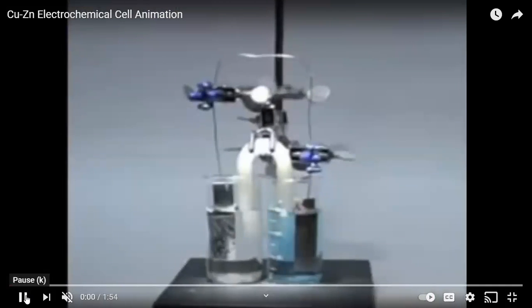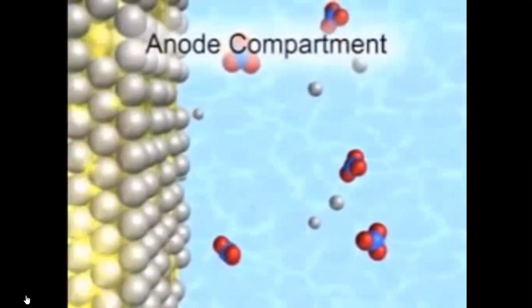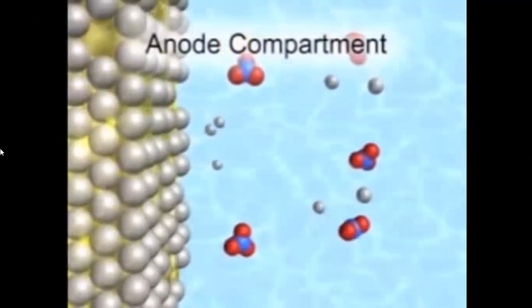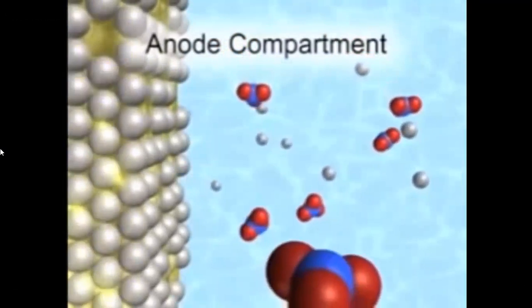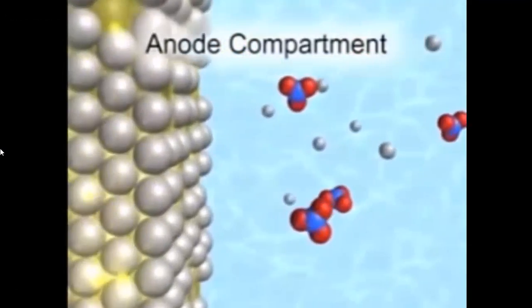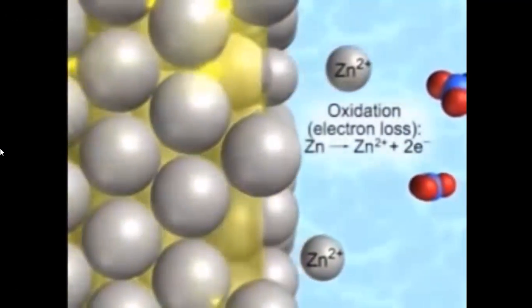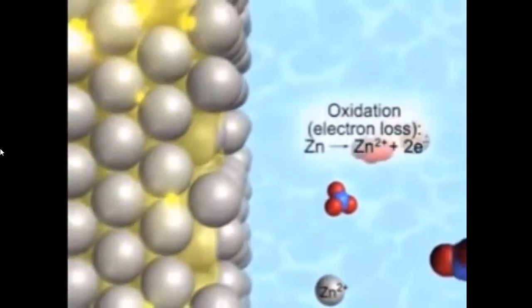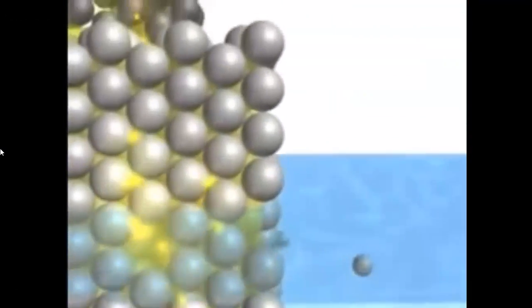So now if we zoom in to the system, we can see what's happening. So here at the anode, we've got a zinc metal electrode, and then a zinc +2 solution surrounding it. As those zinc atoms lose electrons, the atoms actually come off of the electrode, allowing the mass of that electrode to become smaller.